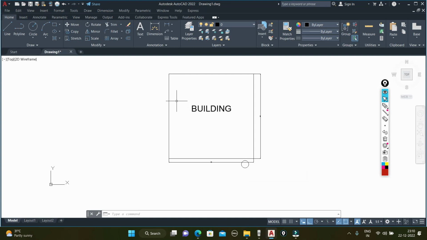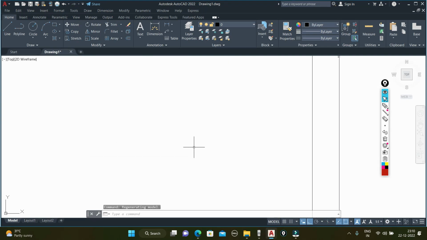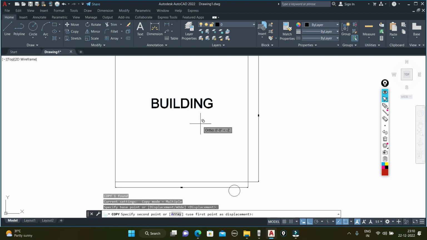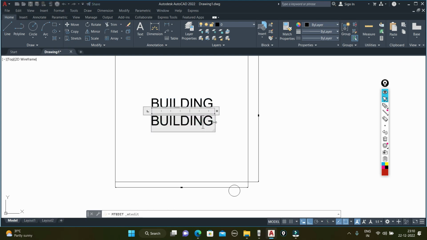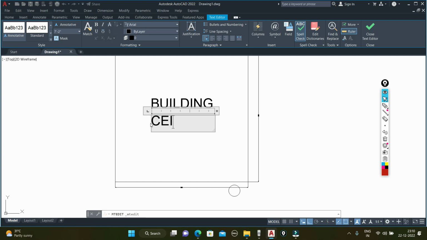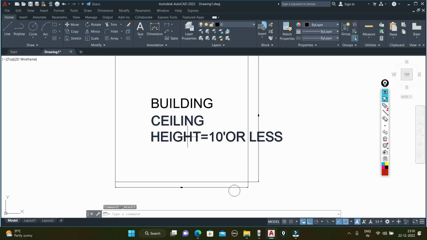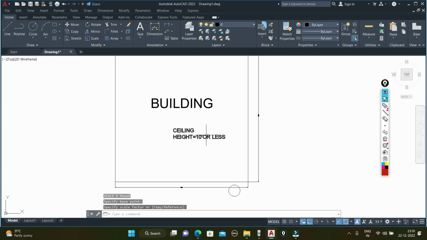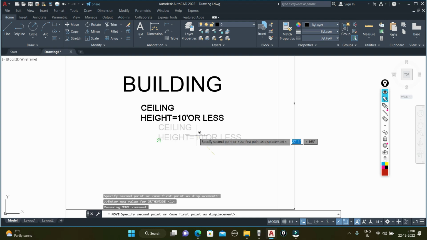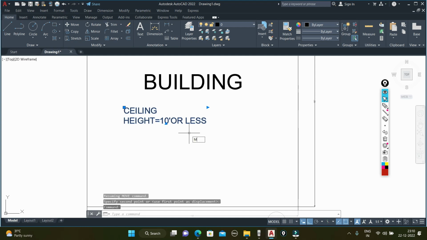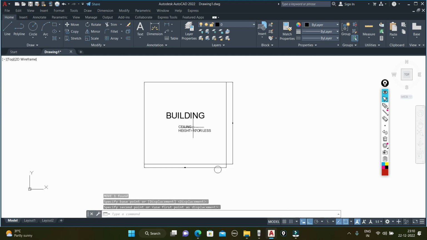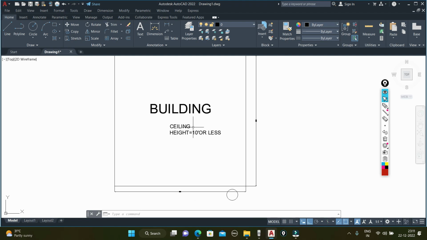Suppose this is the room, and the ceiling height is 10 feet or less, and this is light hazard, and we are using the quick response sprinkler.